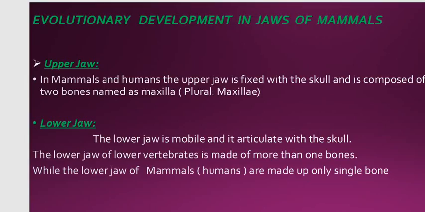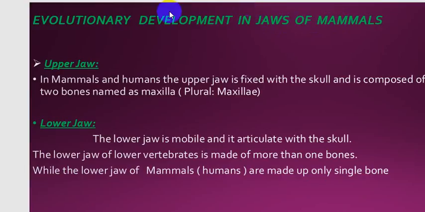Now coming to the topic. The jaws of the mammals, my dear students, have evolved in the evolutionary history in a very classical manner, and this has resulted in a particular structure.